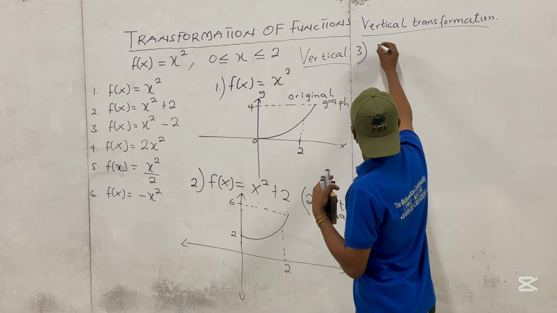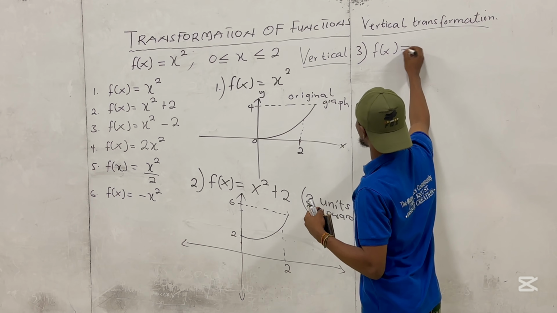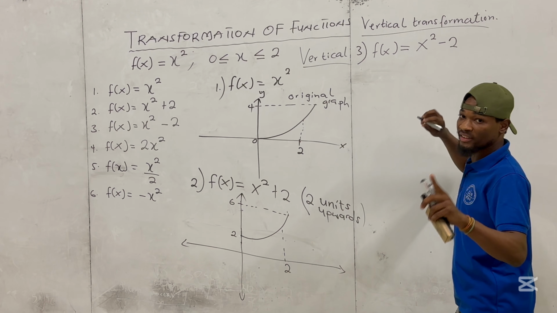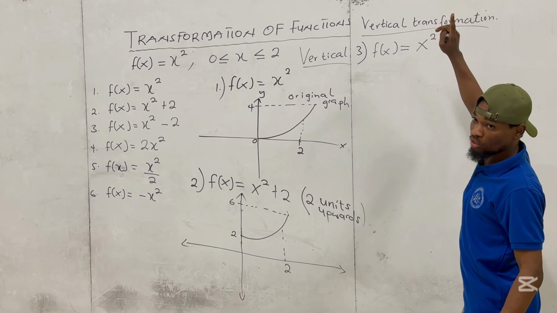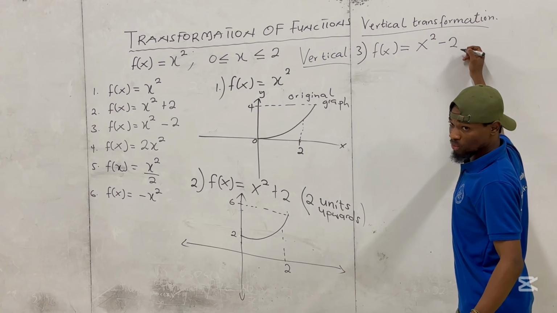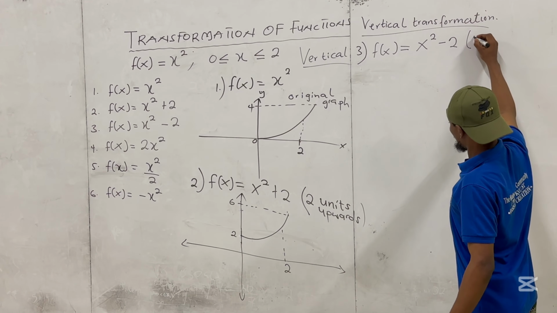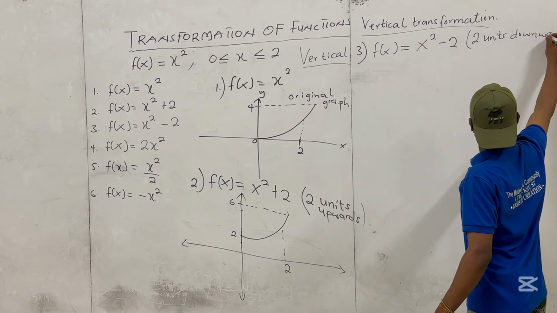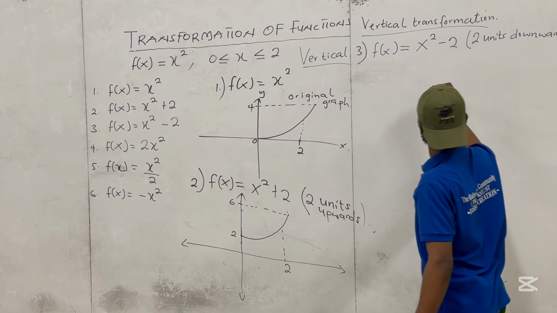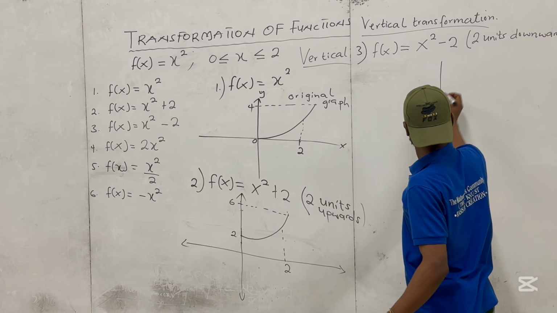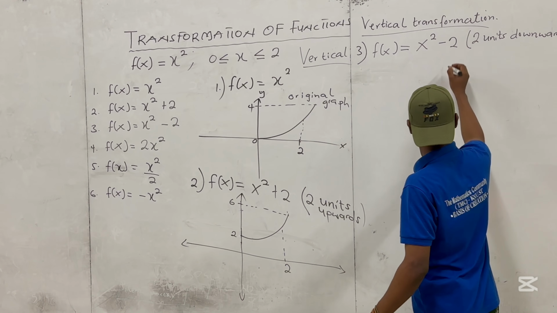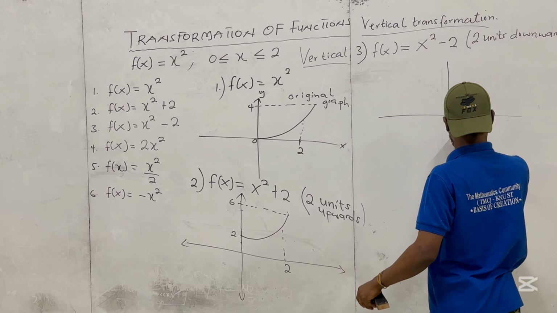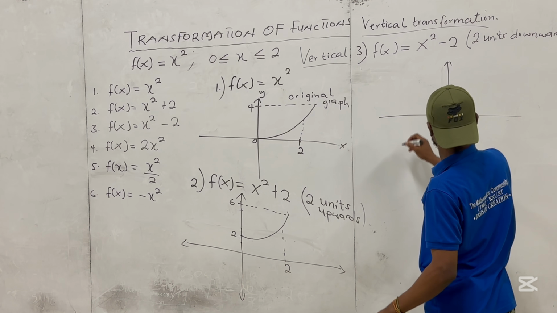So I have f of x is equal to x squared then minus 2. Plus is vertically upwards, then minus is downwards. So we have 2 units downwards. So I draw my xy plane this way.